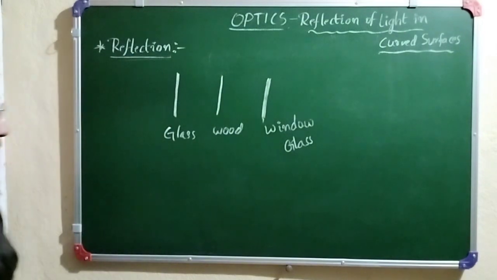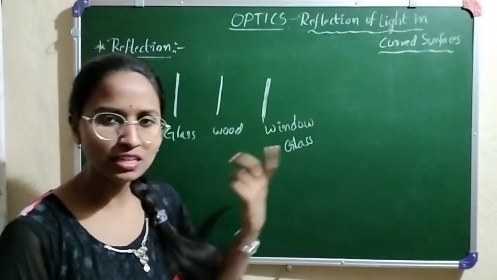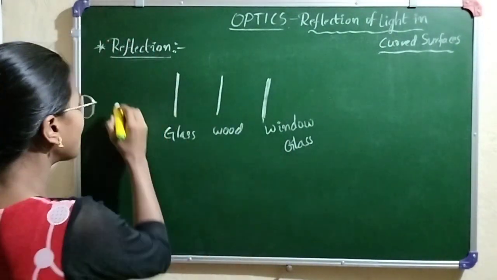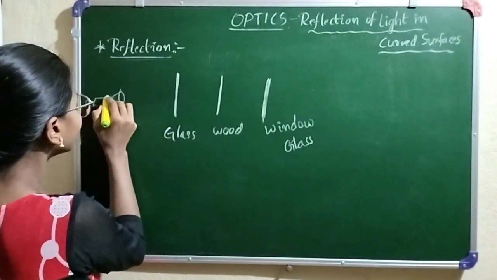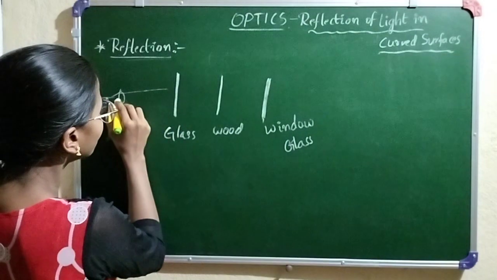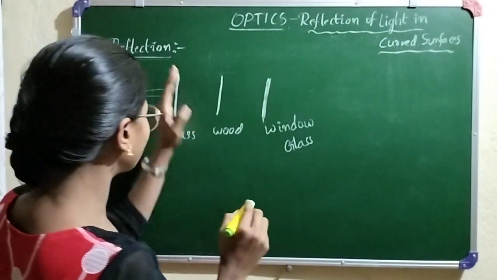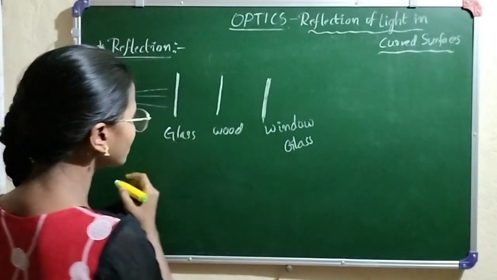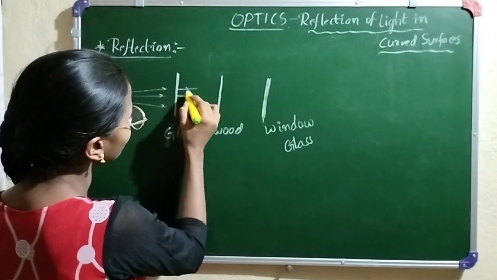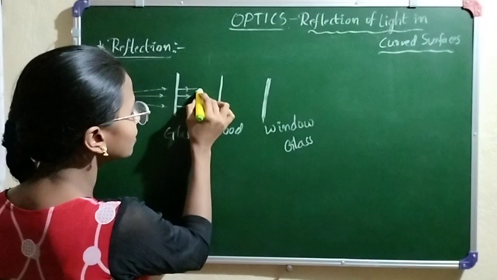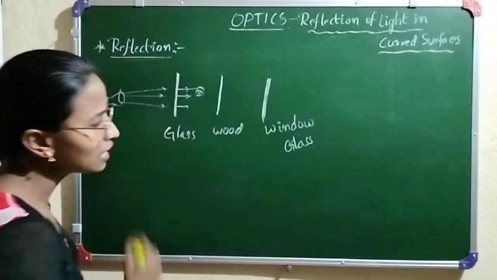I have taken these three with the same length. Now I'm sending light through the glass first. If I observe, the light comes out, which means I am able to see the light.